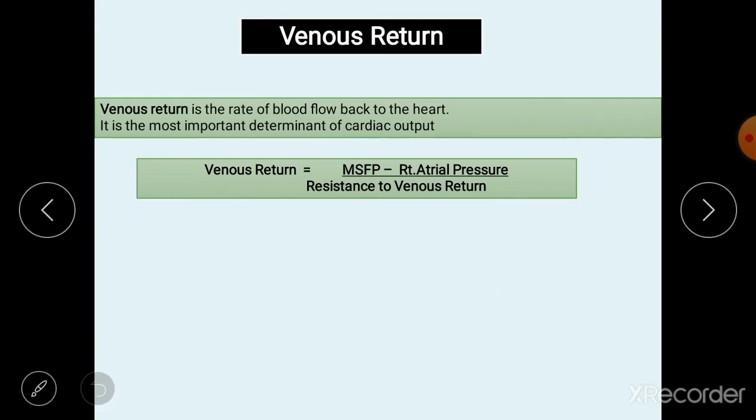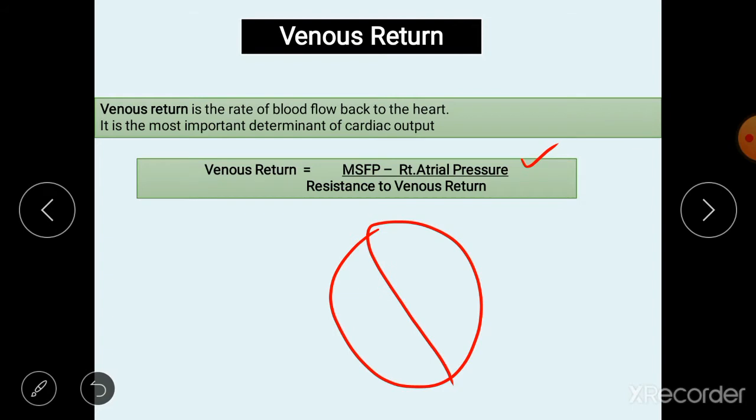Secondly, we have the right atrial pressure. Greater the right atrial pressure, lesser would be the venous return. As you can see, there is a negative sign with the right atrial pressure. So what is venous return? The blood coming back to the right atrium through superior and inferior vena cava.